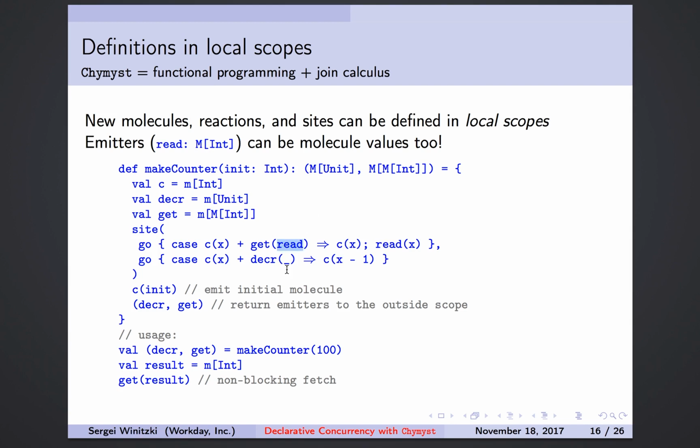So the reaction is defined. You don't know what emitter will be given to the reaction because that's the value on top of the molecule. So you can do that kind of thing, type safe and functional. So in my view, the chemical machine is very much suitable for being embedded into functional programming languages. There is a lot of positive synergy that comes from that.